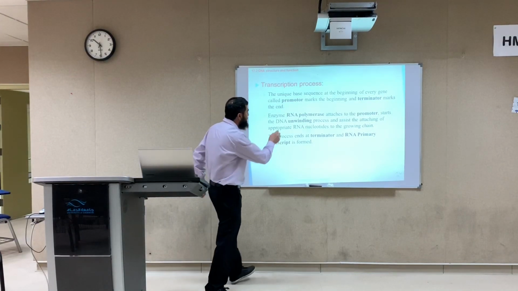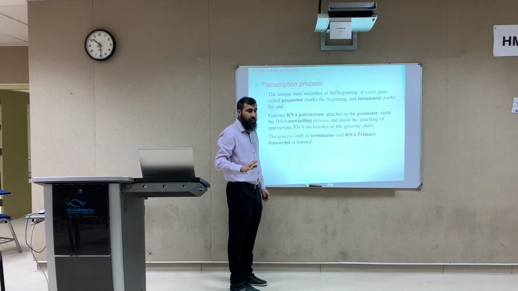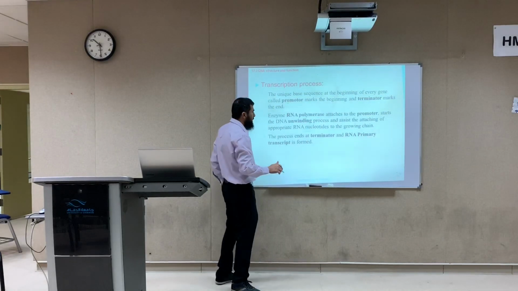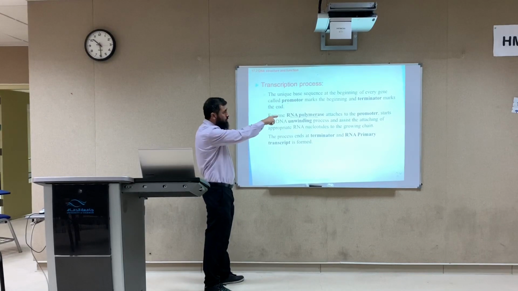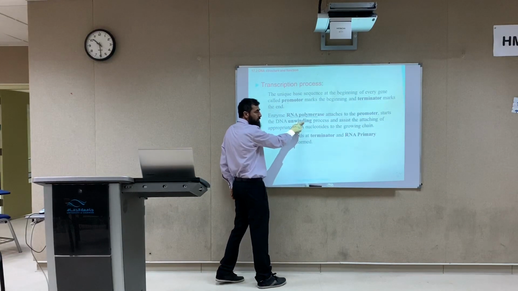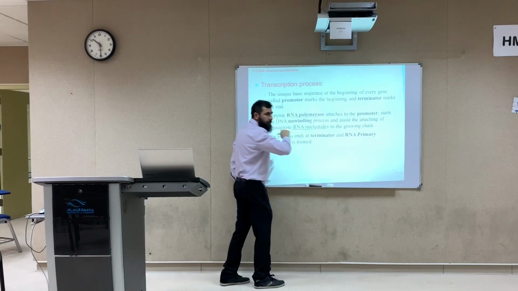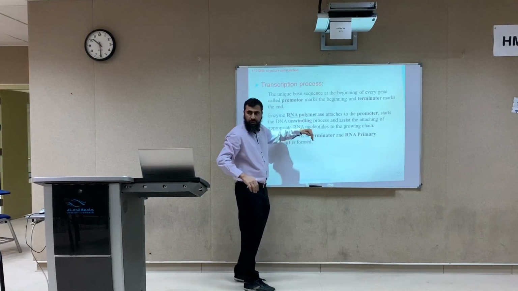So remember, the promoter is where transcription begins, and the terminator is where it stops, okay? The RNA polymerase is the one responsible, so it binds to the promoter, and then unwinds the DNA. And then RNA nucleotides are attached to the complementary DNA.